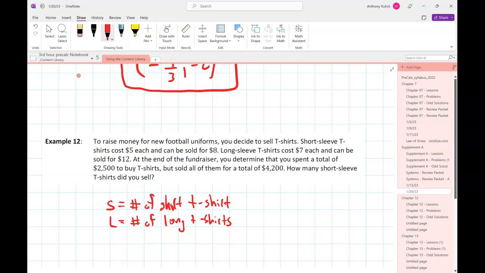And then I'm given a bunch of numbers in this problem. Let's look at what each of these numbers is representing. So what is the $5 representing? The cost per short sleeve t-shirt.